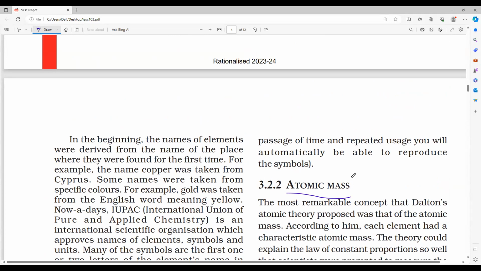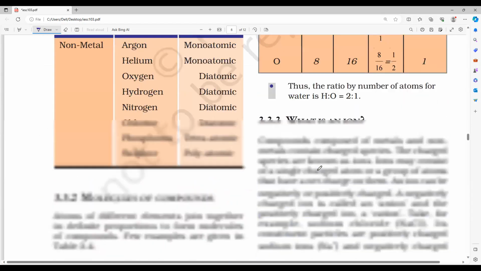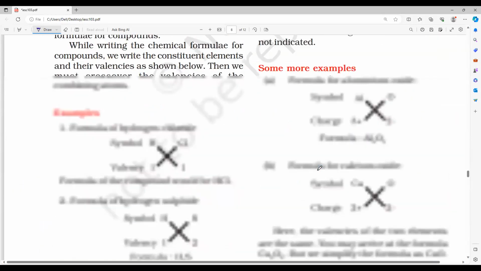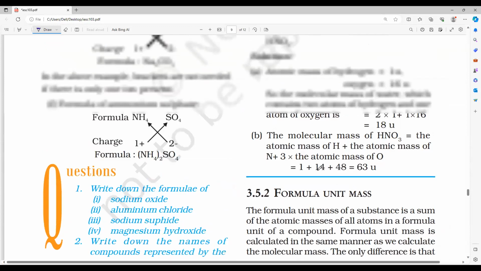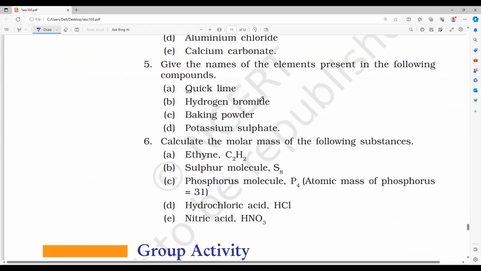So this is about today's class. Anybody having any doubt, you can ask me. Then we will go with the composition of a compound, how it will be present, how much percentage, and we will calculate it in the coming classes. Then the school syllabus will be over. After atomic mass, there is a chapter called the mole concept.